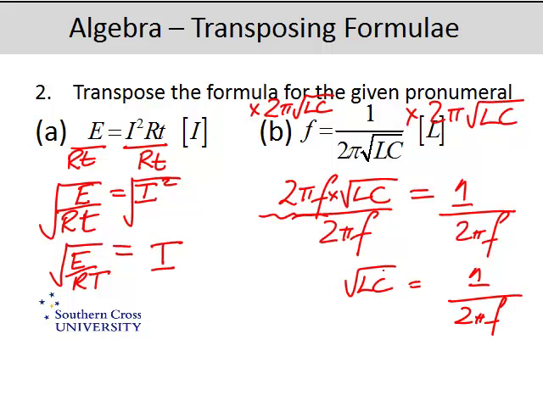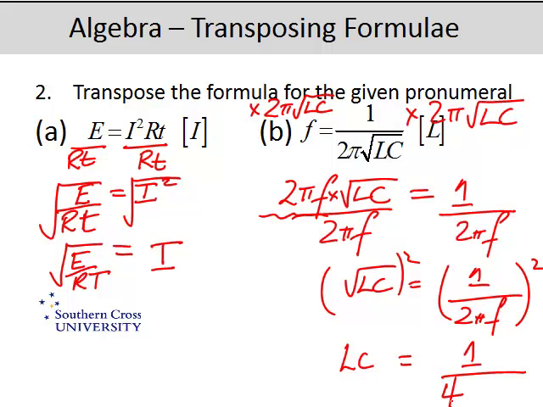Now we need to undo the square root. The opposite of square root is squaring, so we need to square both sides, so that's LC. And 1 squared will be still 1 over, let me put that in, squaring both sides, so that will be 4 pi squared f squared.